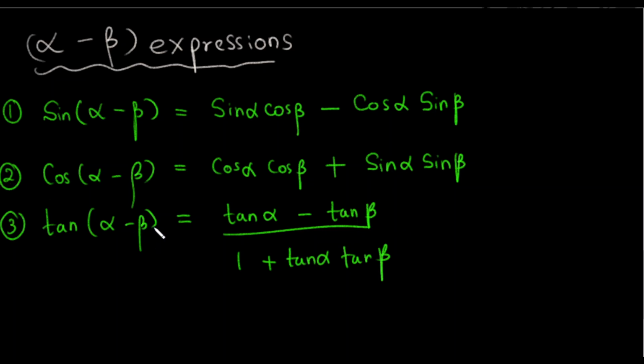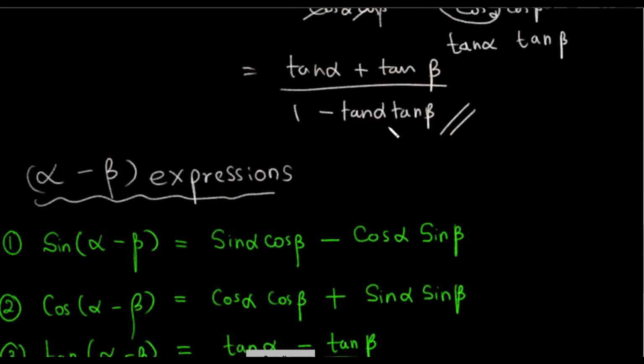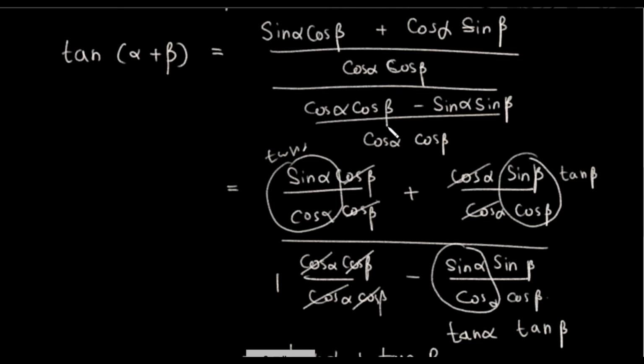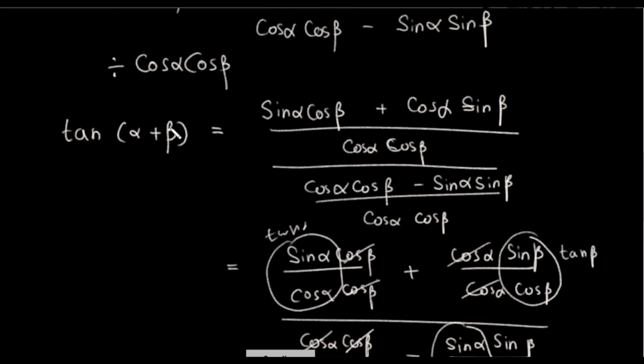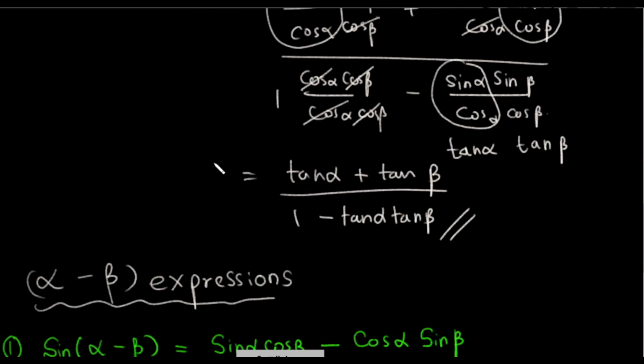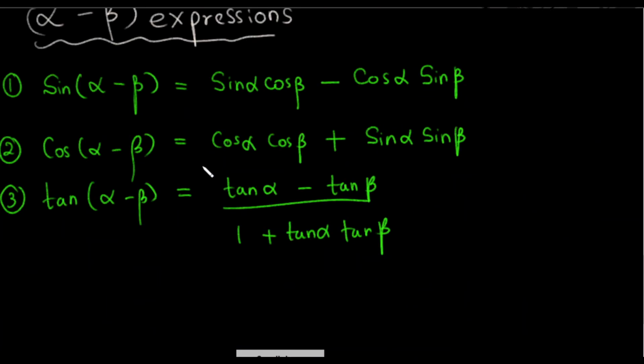That's your work, do it on your own, because the first one has been done for you. We have already found the alpha plus beta expression for tangent, so alpha minus beta you can do on your own.